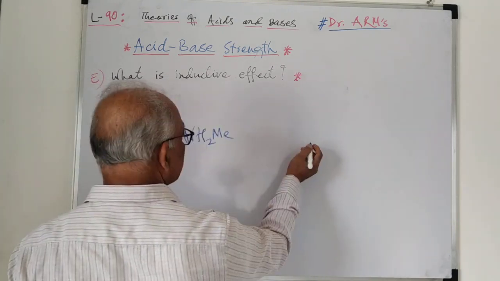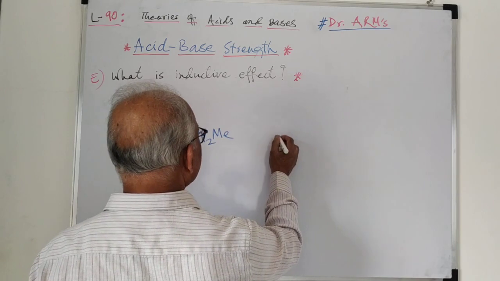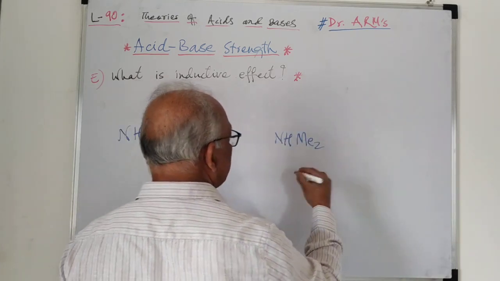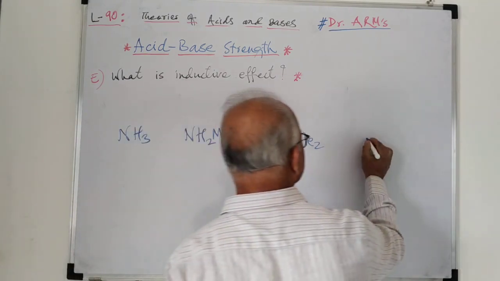Then one more replacement of hydrogen by Me will give us NHMe2, and if all three hydrogens are replaced, we will get NMe3.